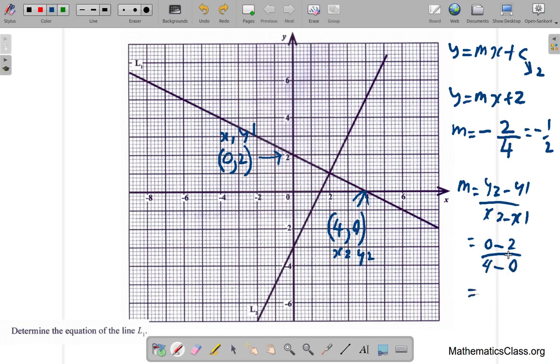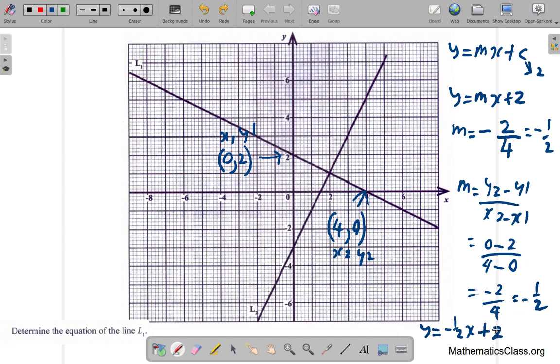That gives negative 2 over 4, which is negative a half, the same. So anyway you take it, the equation is y equals negative half x plus 2. That's the equation of that line.